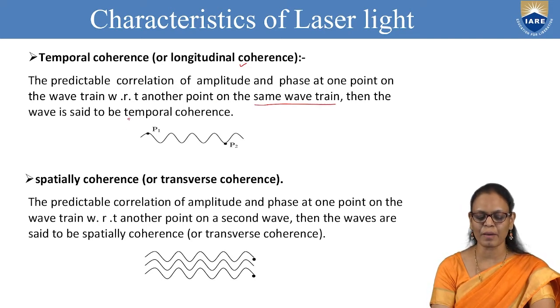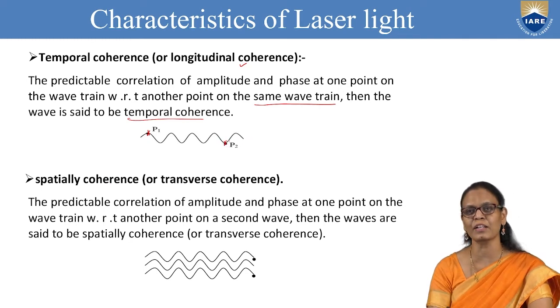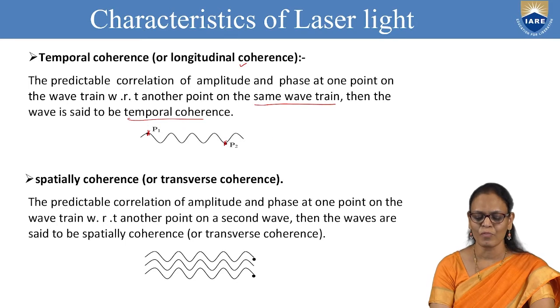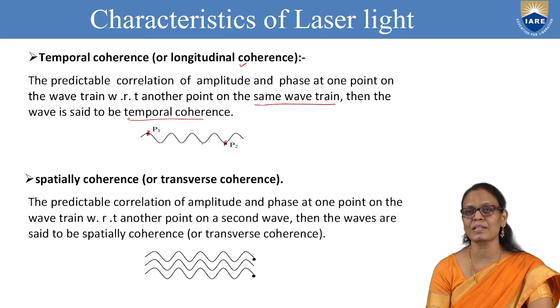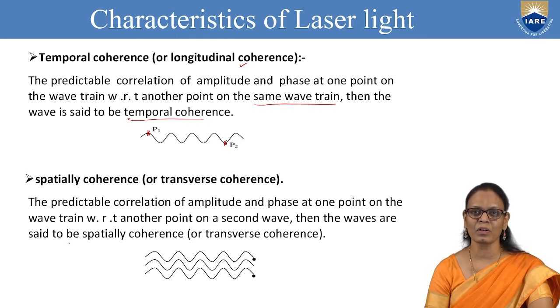For example, you see here P1 is at one point on the wave, and P2 is another point on the same wave at a different time. When these two are in phase, you say it is temporal coherence.